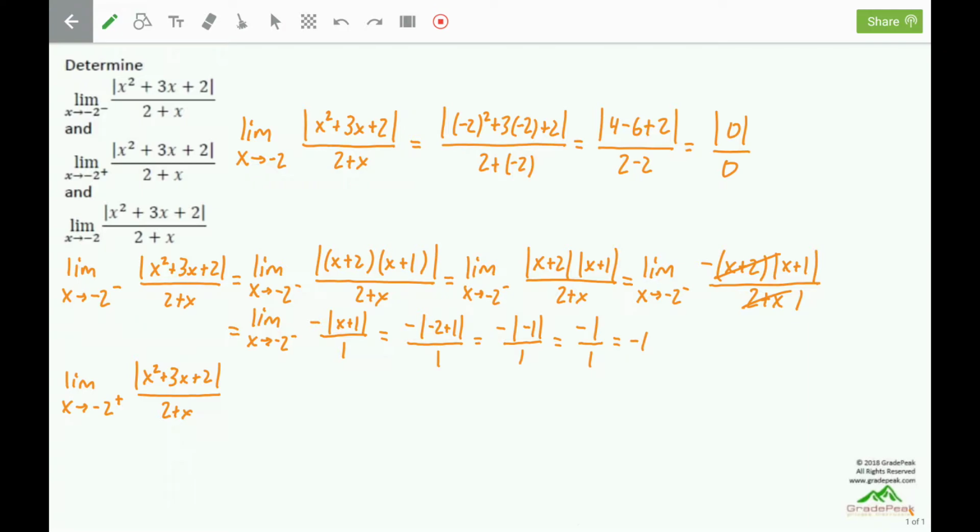Now we can work out the right-sided limit at negative 2. The same thing here, we will want to factor the trinomial quadratic in the numerator, and it will once again factor into x plus 2 and x plus 1 over the denominator. And we can separate the absolute value of the product into the product of the absolute values.